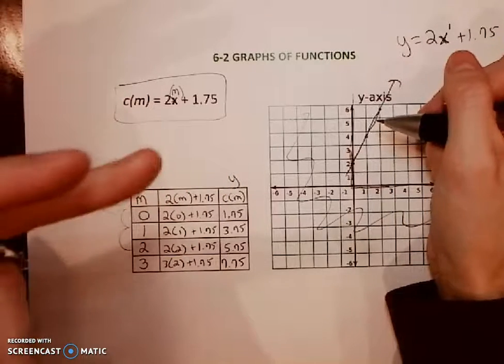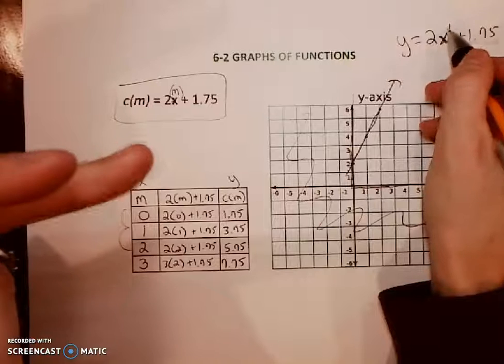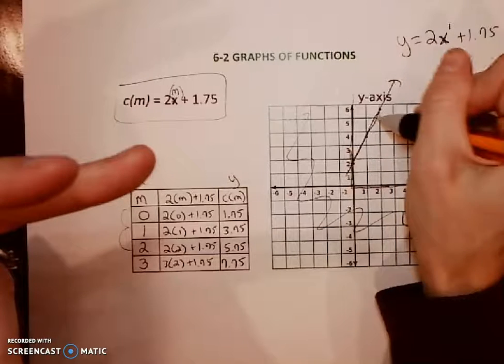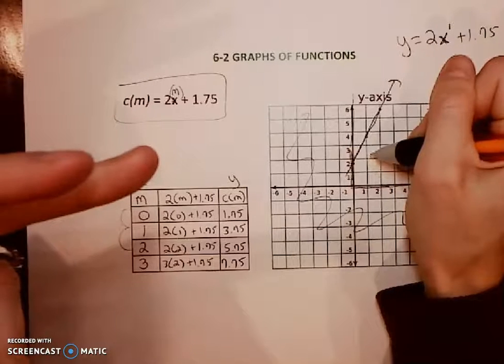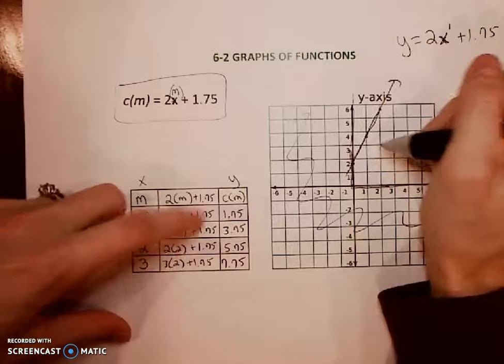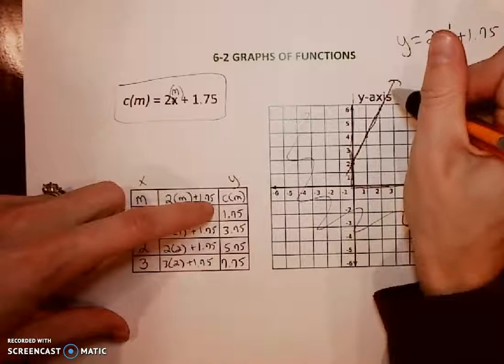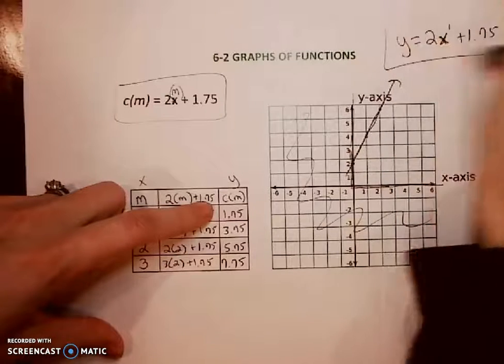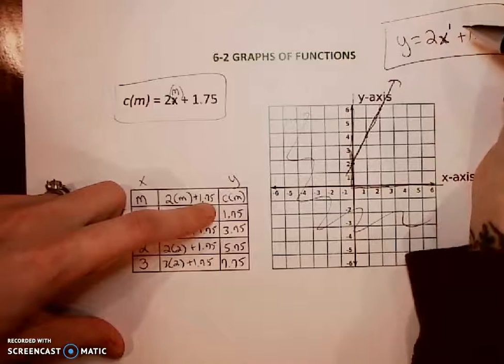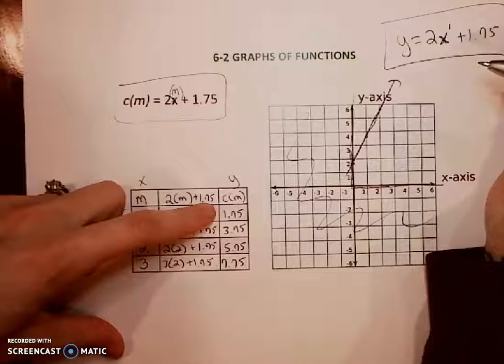All right, so linear functions, think linear, x to the first, automatically it's going to form a line. If one of these points were off, I would know that I did not calculate my table correctly, because these should all line up in a straight line.